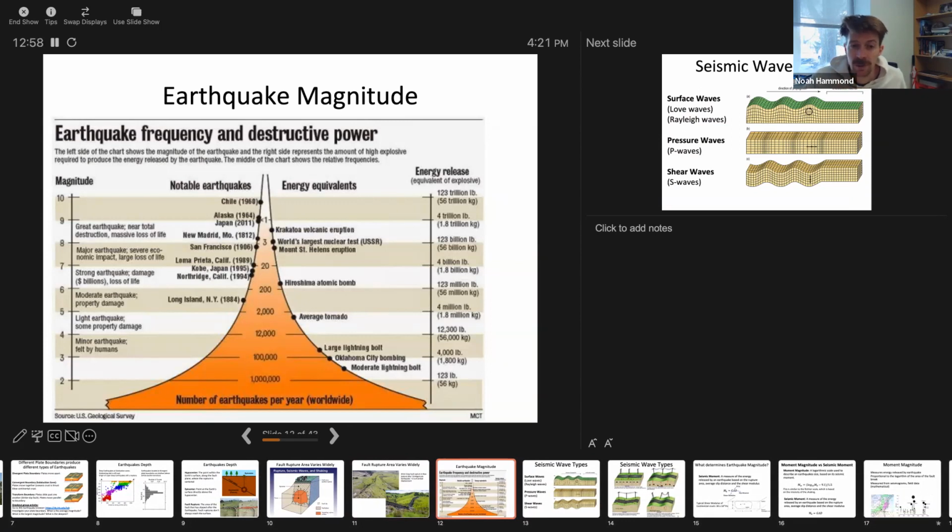There have been some pretty powerful earthquakes in Alaska and Japan that are close to magnitude 9. Less than one of those occurs a year. But we usually get a couple magnitude 8 earthquakes throughout the year on Earth. Somewhere on Earth, there's a magnitude 8 earthquake once a year or so.